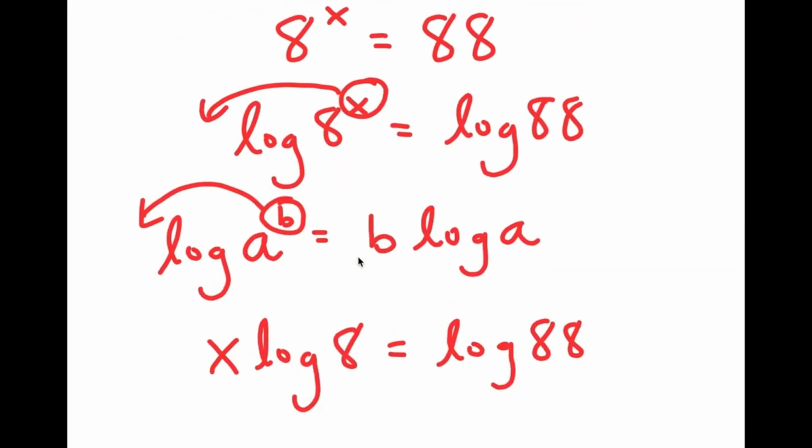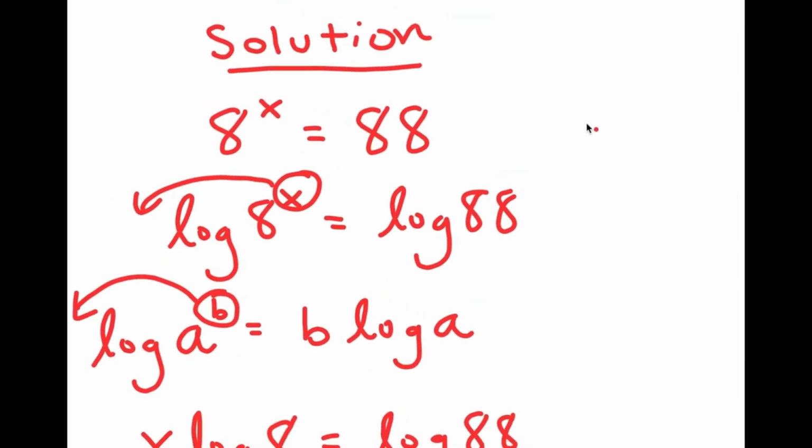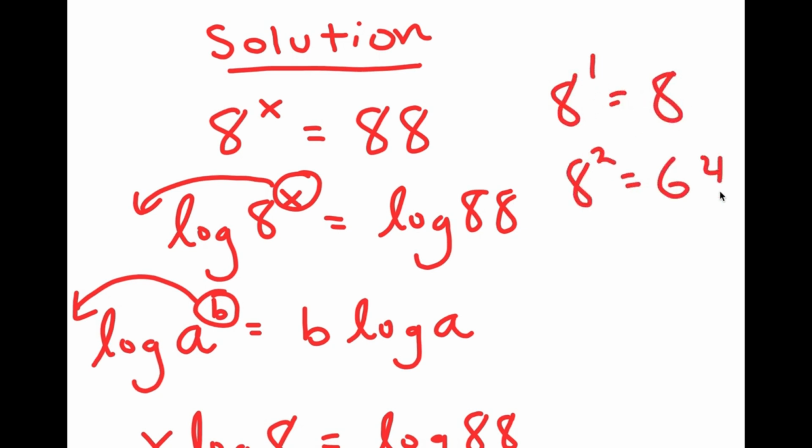And the reason this property is so useful is because before, x was an exponent. For our equation, if x is 1, I get 8. If x is 2, I get 64. And if x is 3, I get 64 times 8, which is 512.